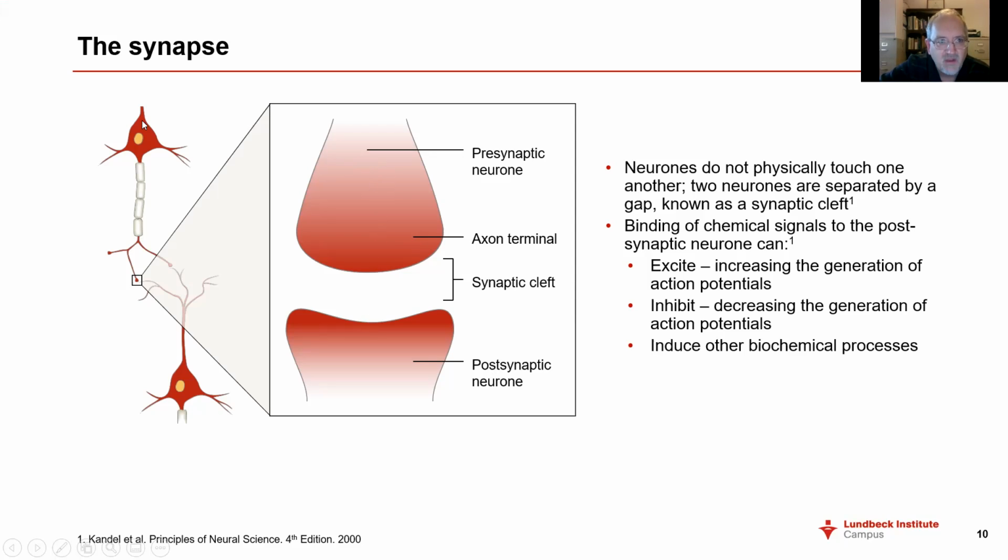It's basically passing messages: this one passes a message to the next one, and then to the next one. When it passes from this neuron to the next one, the message could either increase activity, which means excite, or decrease it, which means inhibit, or cause something else to happen as far as a biochemical process.